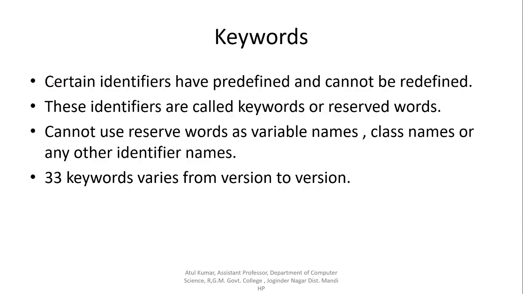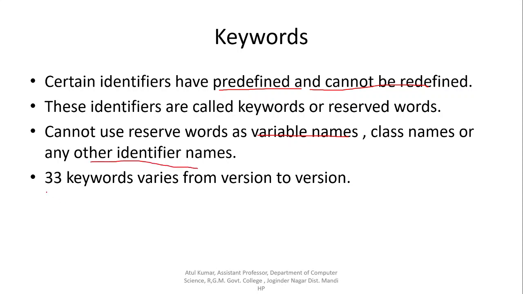Next token is keywords. There are certain identifiers that have a predefined meaning in Python and cannot be redefined. These are called reserved words, and these are keywords. You cannot use reserved words as variable names, class names, or any other identifier.